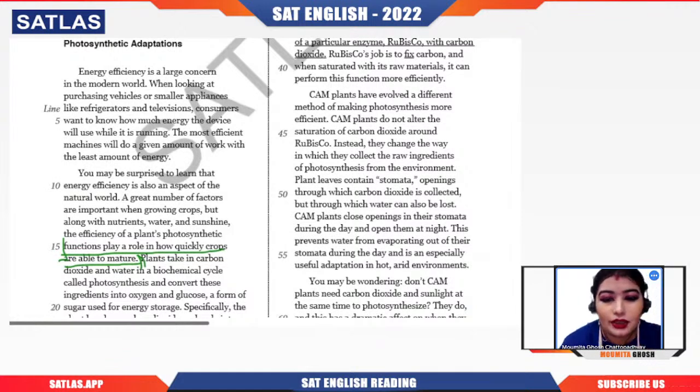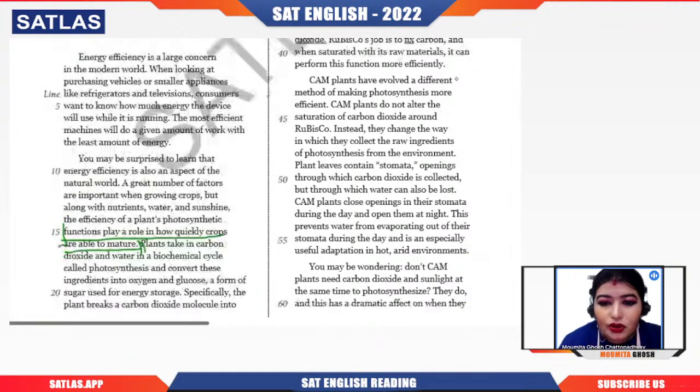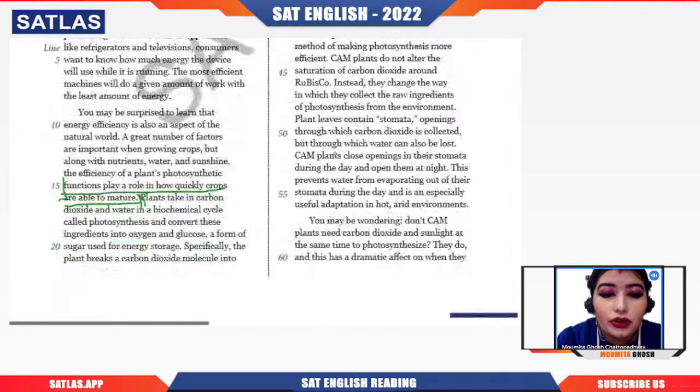Before going to the next line, I will tell you something about what photosynthesis actually means, and what the difference between C3 and C4 plants is.